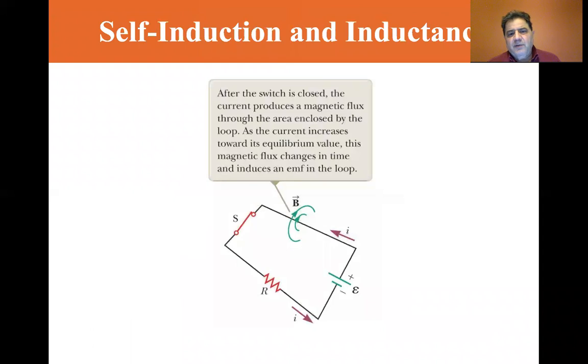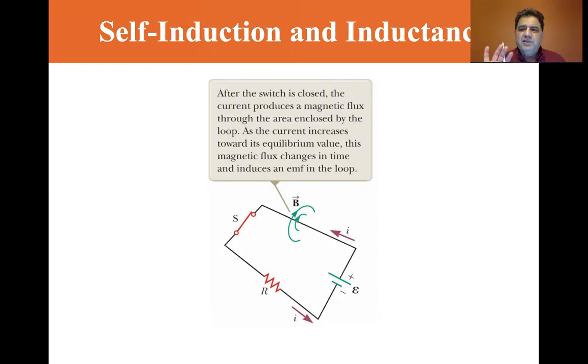We're going to start off looking at a circuit. After the switch is closed, the current produces a magnetic flux through the area enclosed by the loop. In other words, the little rectangular circuit there is a loop in itself, and as the current increases towards its equilibrium value, the magnetic flux changes in time and induces an EMF in the loop.